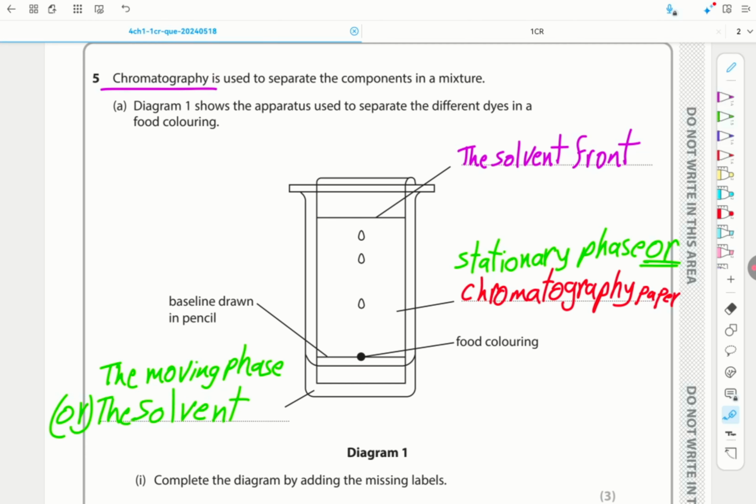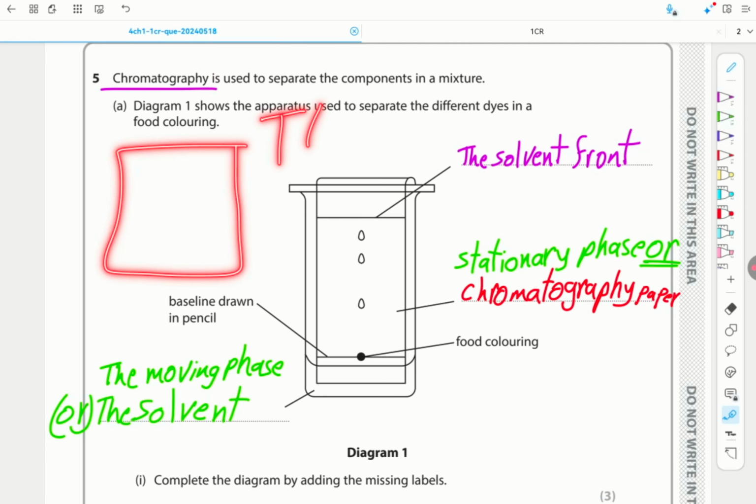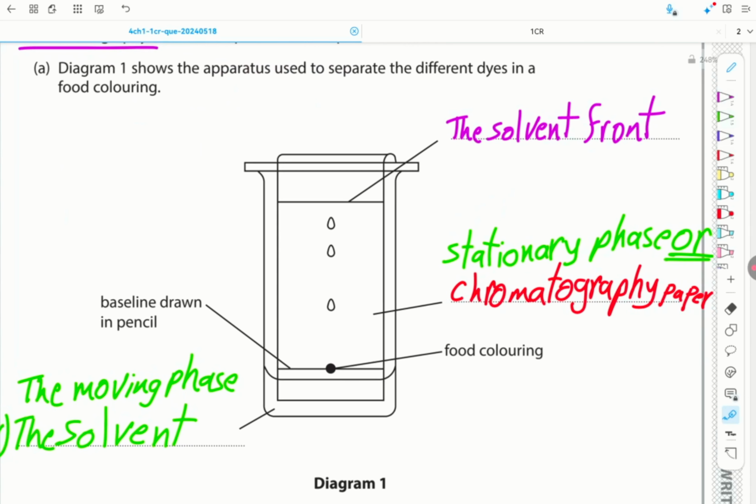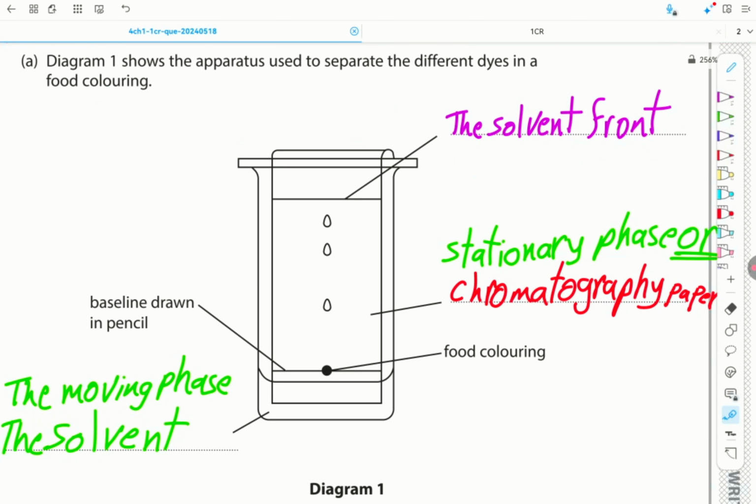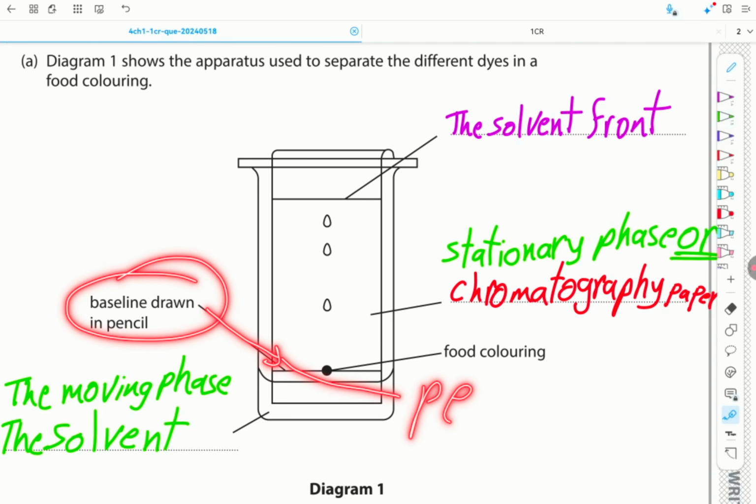a stationary phase. As you see here, we have this TLC, or thin layer chromatography, and we have the mixture here. We have two lines to be used. The first one is called the baseline, and generally the baseline is drawn with a pencil.